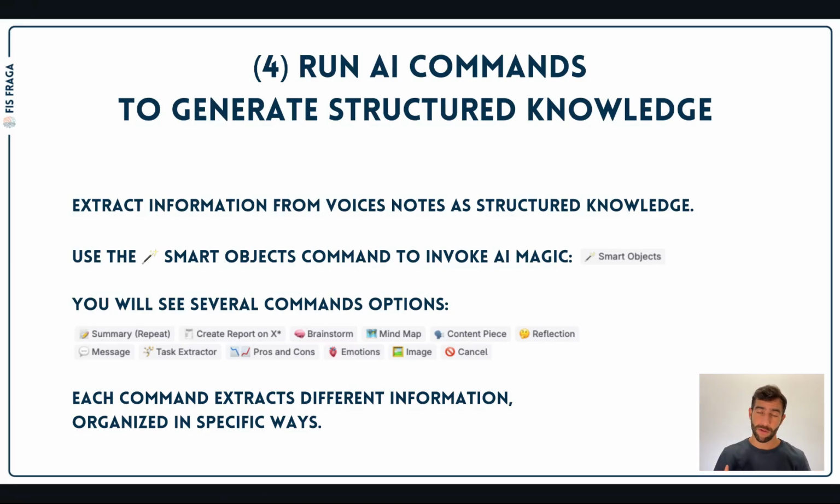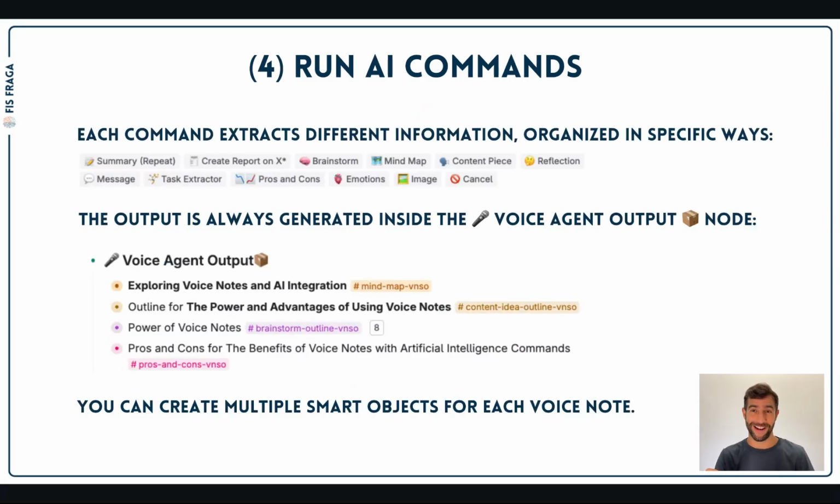Each of these different commands will extract information organized in specific and different ways. Here is what I mean. Each of these commands, once you click them, will generate an output inside this node called Voice Agent Output. So whenever you start clicking these commands, you will generate a new smart object. And as you can see, you can create multiple smart objects for each voice note.